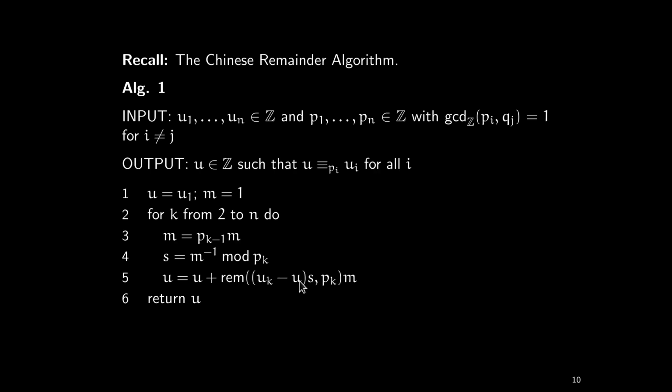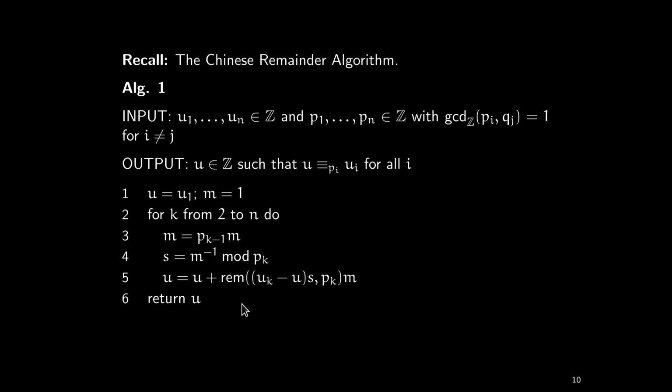So here is the same formula, just slightly optimized. You take uk, the new image that you want to accommodate, minus u times the modular inverse s. Then this is an integer. You take it mod pk and multiply it by m.